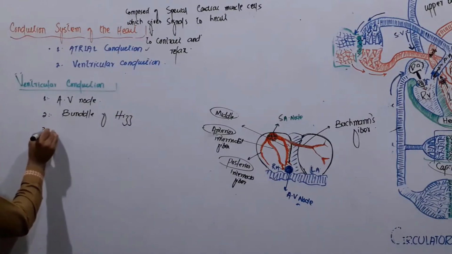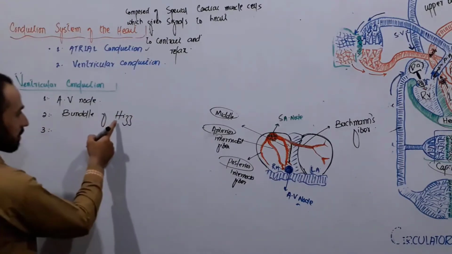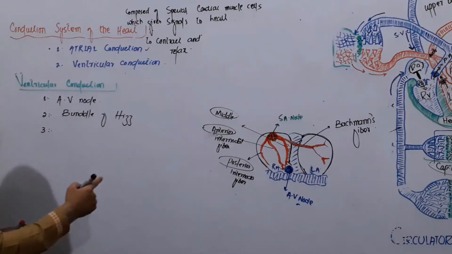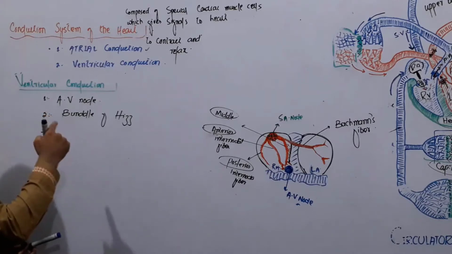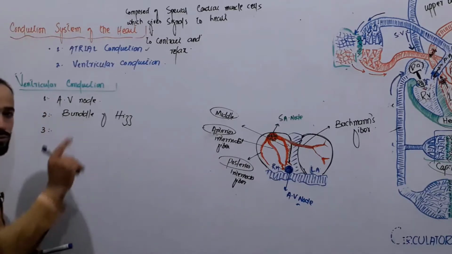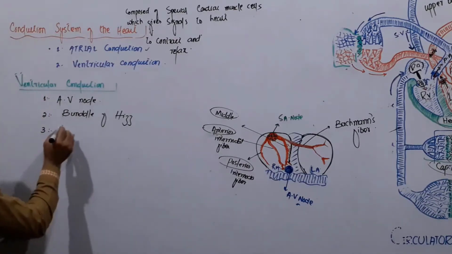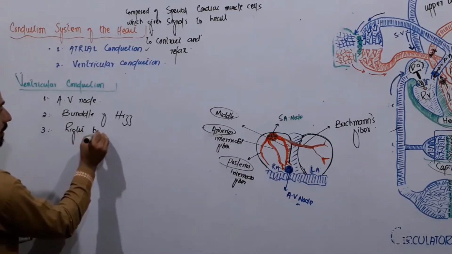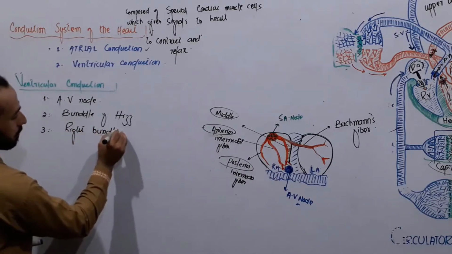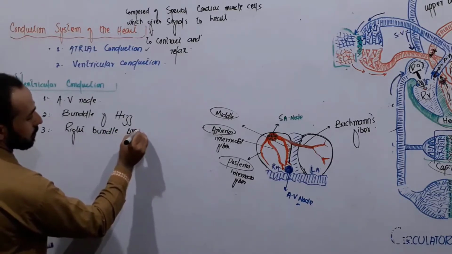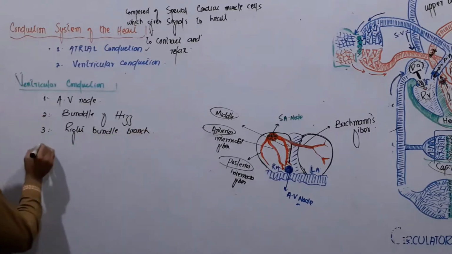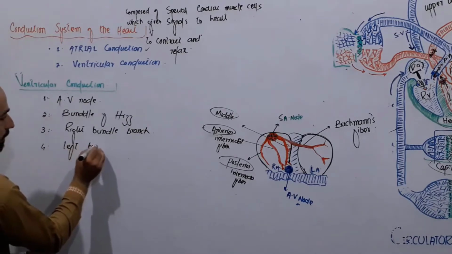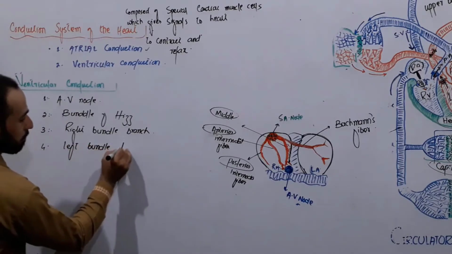Next, the bundle of His gives off two branches, and one branch moves towards the right side of the heart, and the next branch moves towards the left side of the heart. So we have the right bundle branch and the left bundle branch.